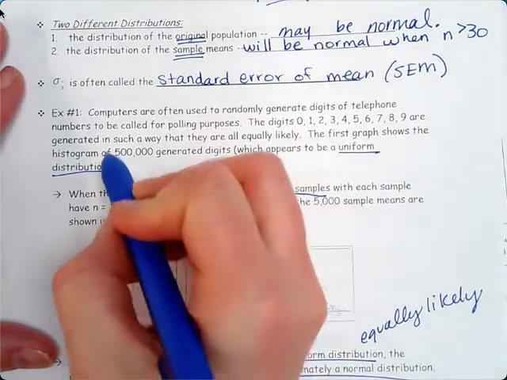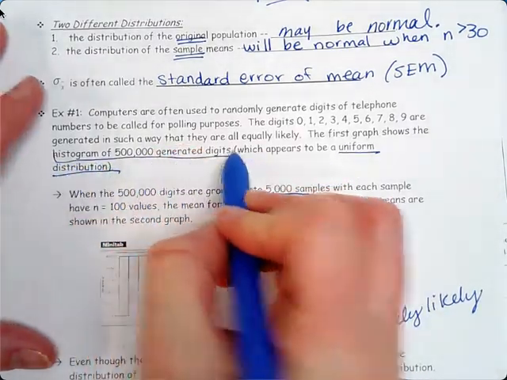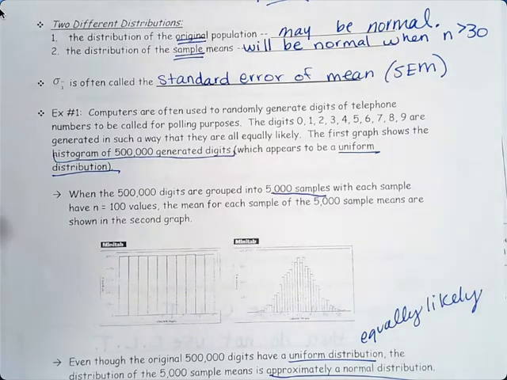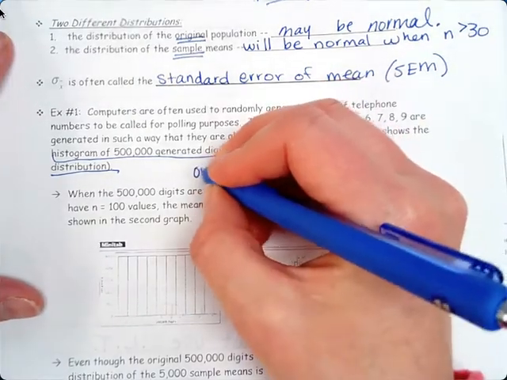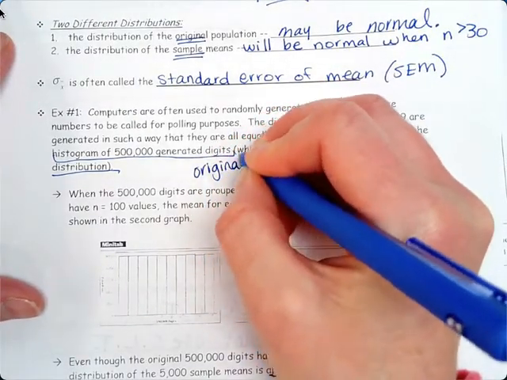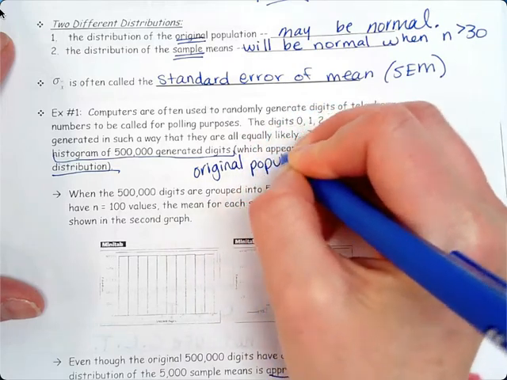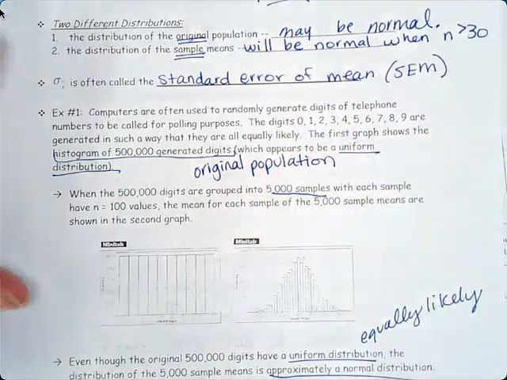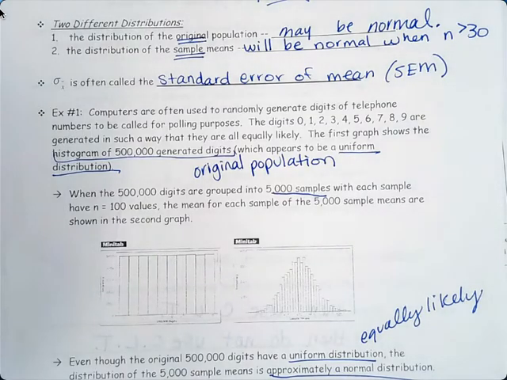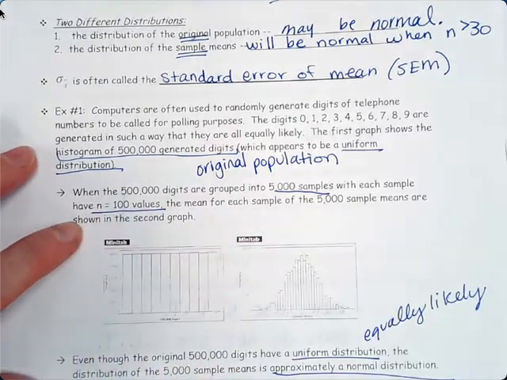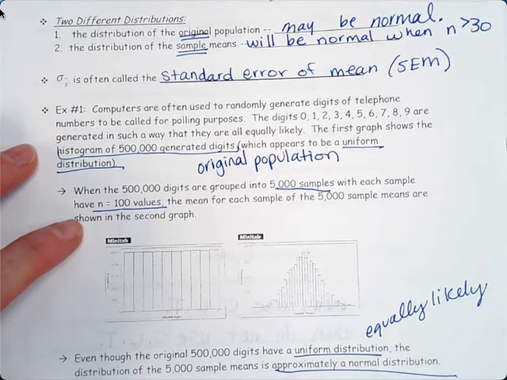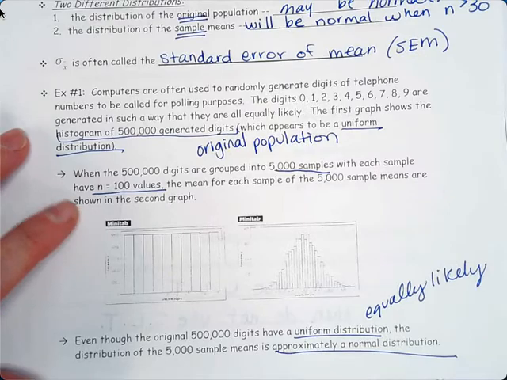So this histogram of the 500,000 generated digits is our original population. When we have 500,000 digits grouped into 5,000 samples, with each sample having 100 values, that's our sample size, the mean for each sample is shown in the graph.